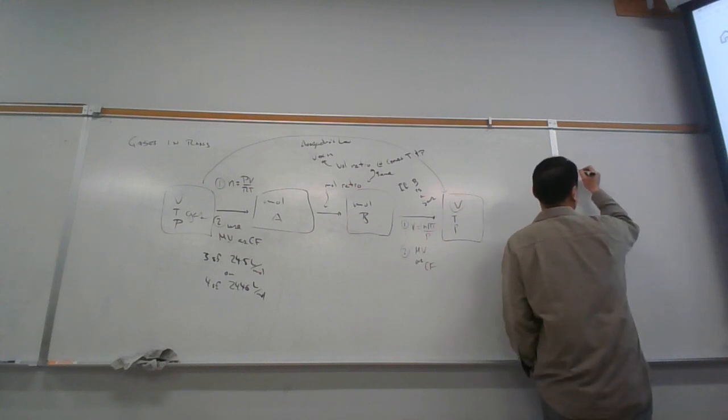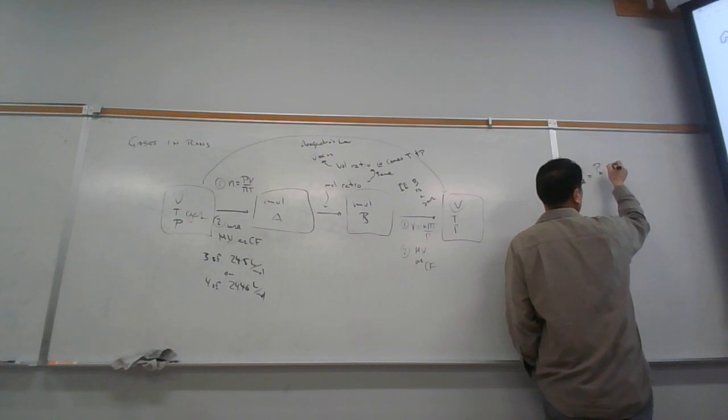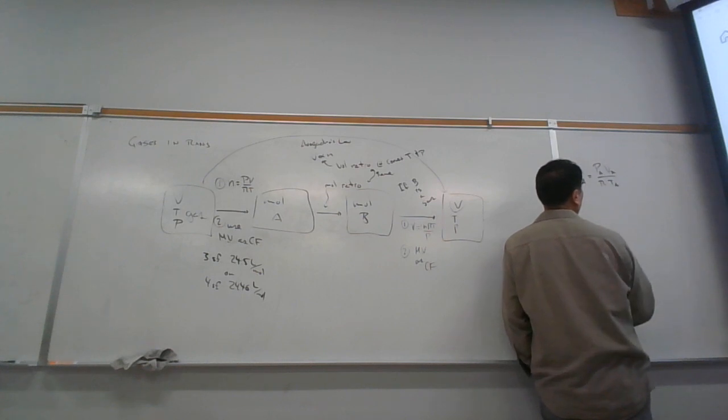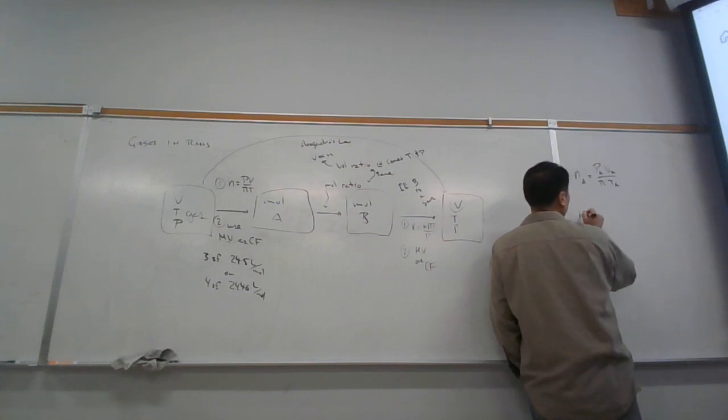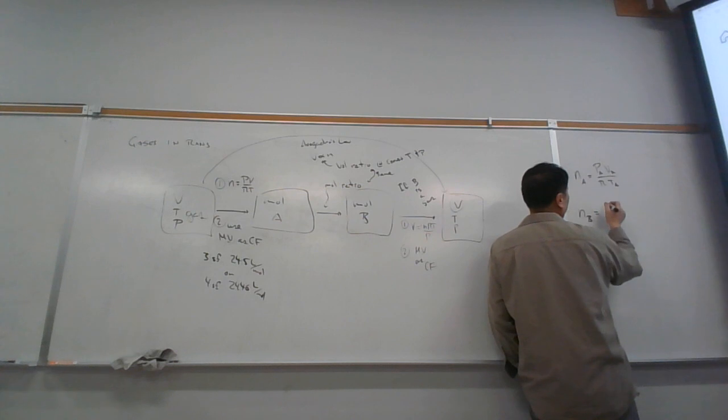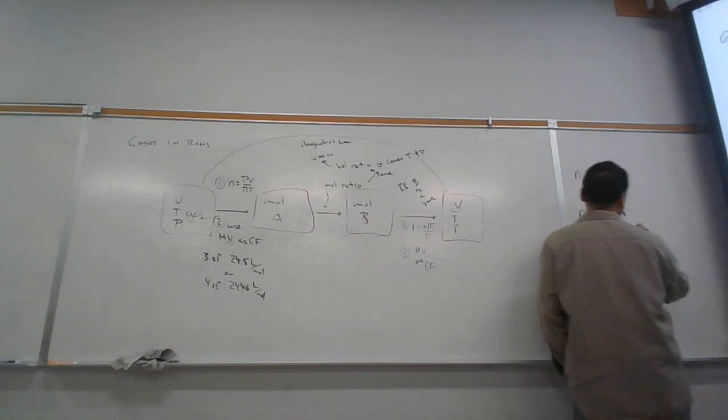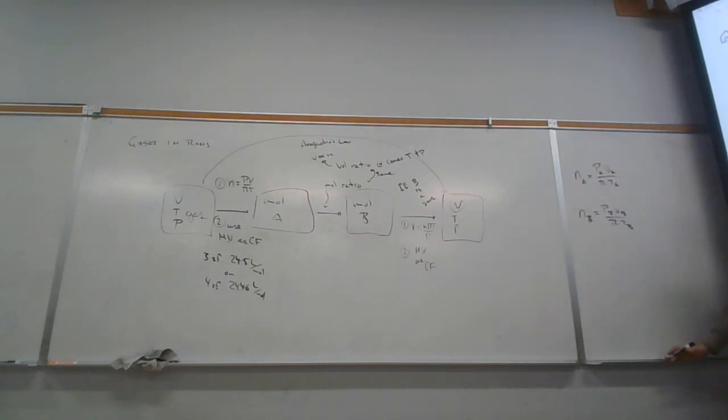And so when we look at the moles, let's say the moles of A is equal to the pressure of A times the volume of A divided by RT of A. And the moles of B is going to equal the pressure of B times the volume of B over RT of B. Now, if A and B have the same pressure, then that's a constant.